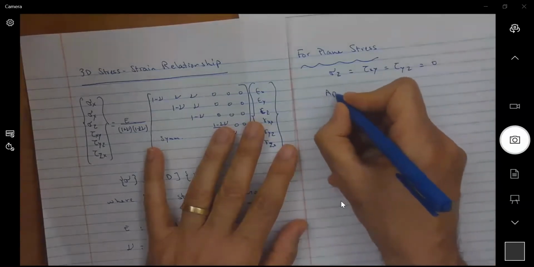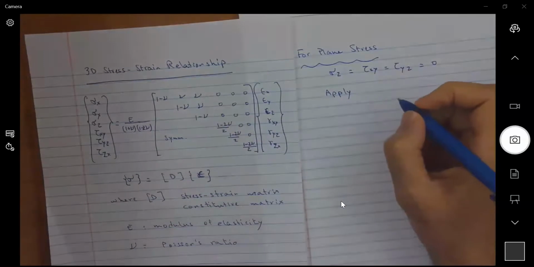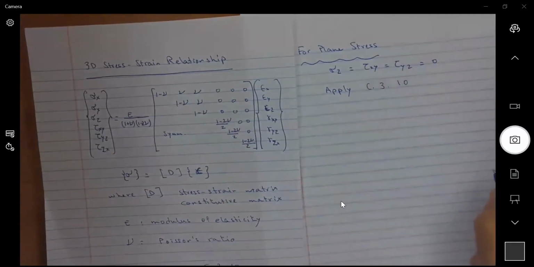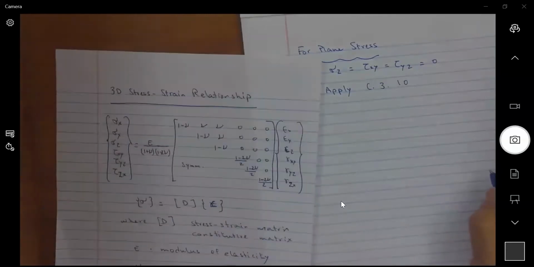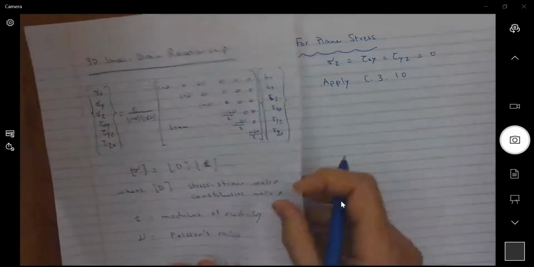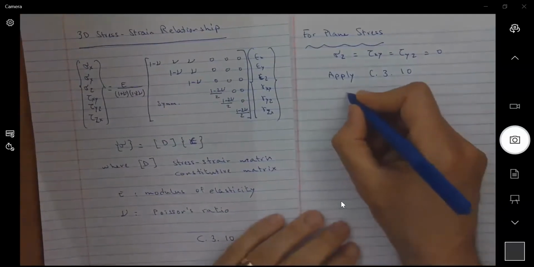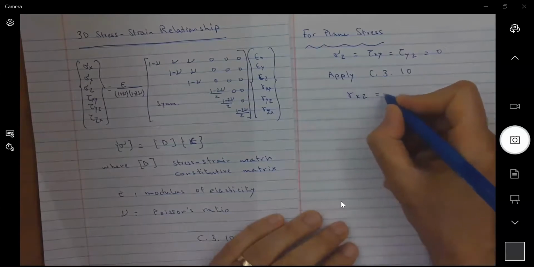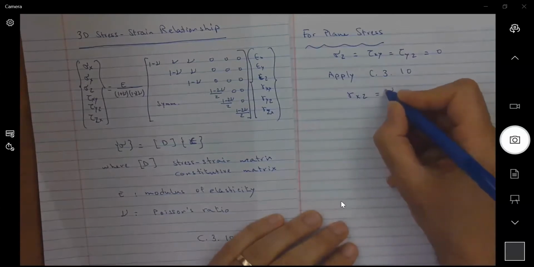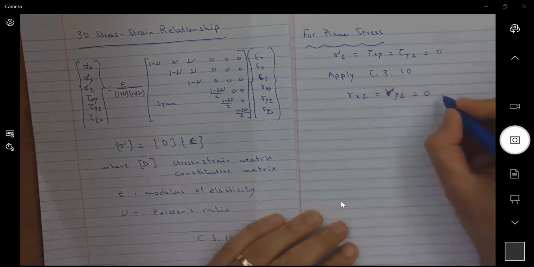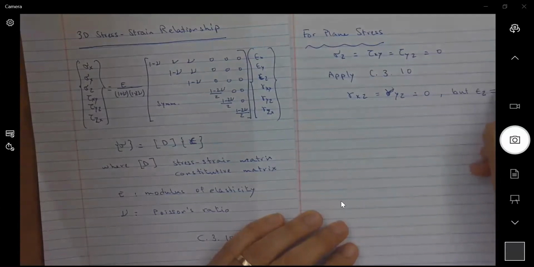When I apply C310, we will find that gamma xz is equal to gamma yz equal to 0, but epsilon z, for a case of plane stress, is not equal to 0.